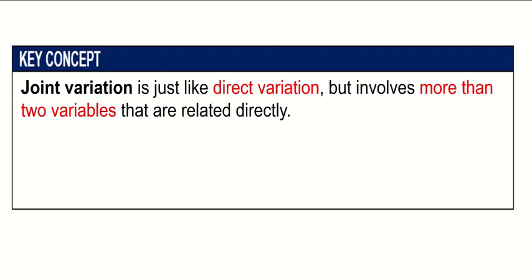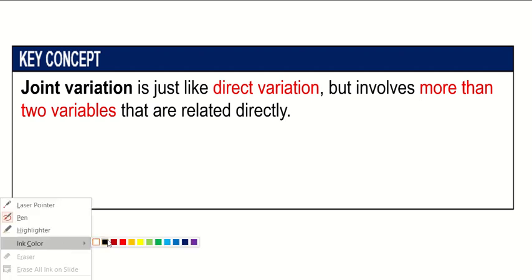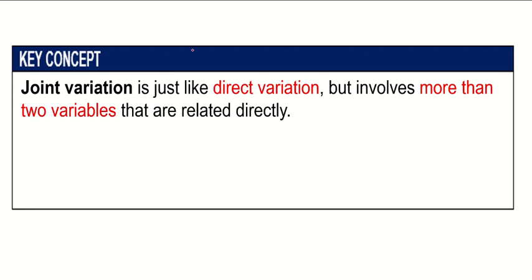Let me make use of another color. Okay. In direct variation, okay, we have one dependent variable. Of course, the result must only be one. Then we also have one independent variable.